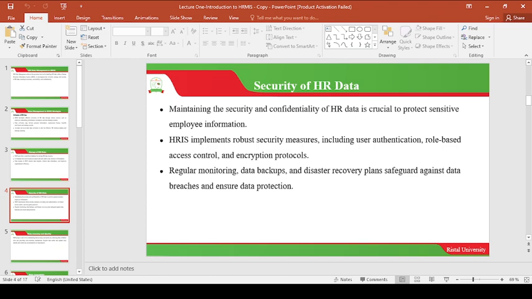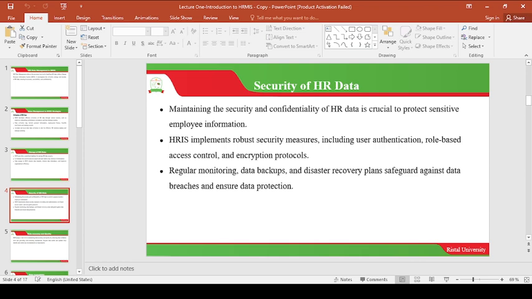So that is how security of data in the system becomes very important compared to paperwork. With paperwork, the only password you have is the key. What if someone has stolen that key and then opened the cabinet and accessed the file? So that means the system is much better than paperwork.